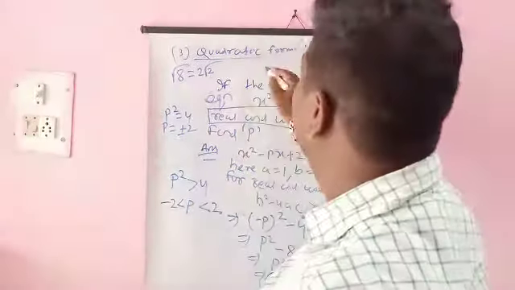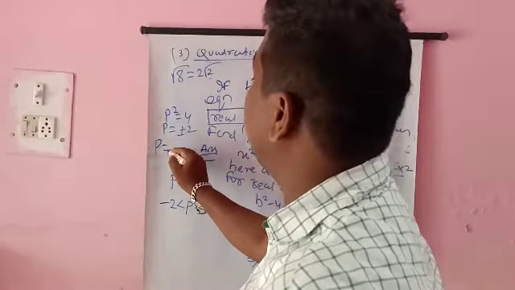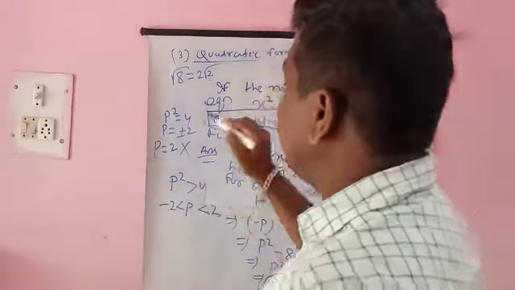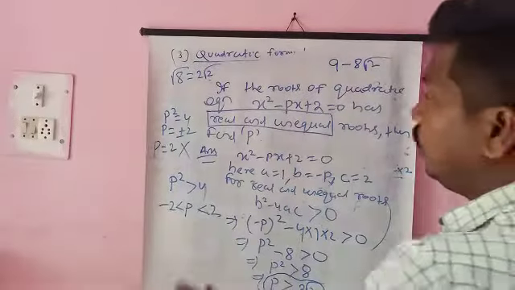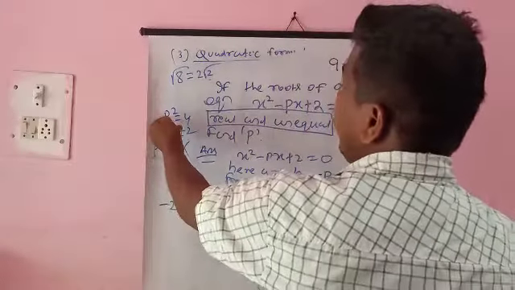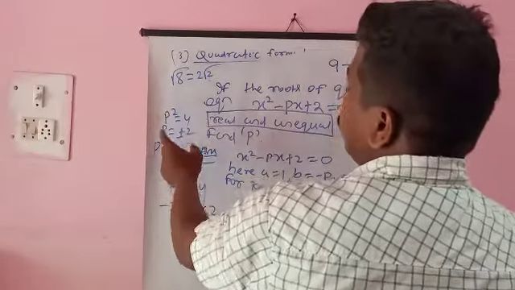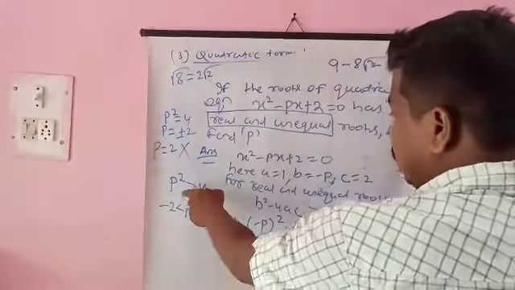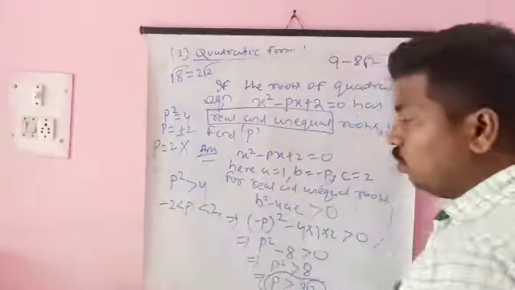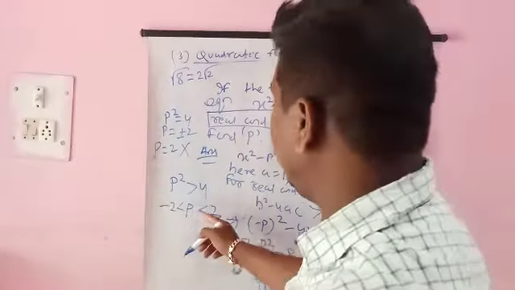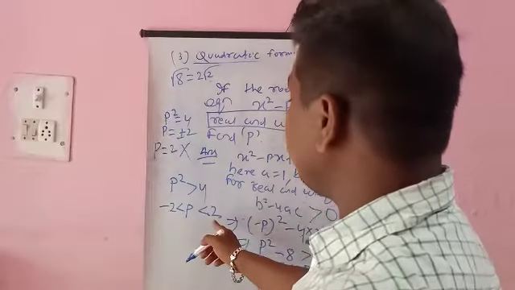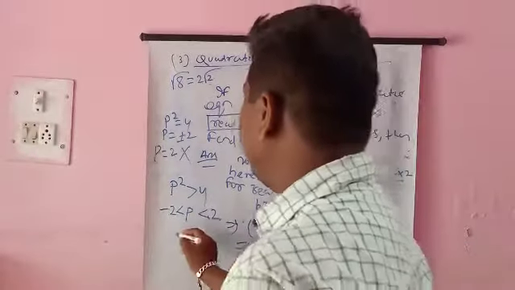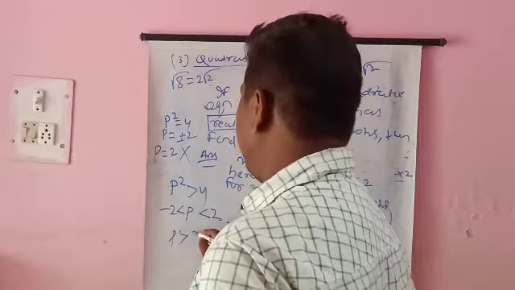That means if someone writes p equal to 2 only, then it is wrong. Since p has the power 2, p has two values, that is plus or minus 2. Similarly, if p square is greater than 4, then p has two values: one is p greater than 2, and the other is p greater than minus 2.